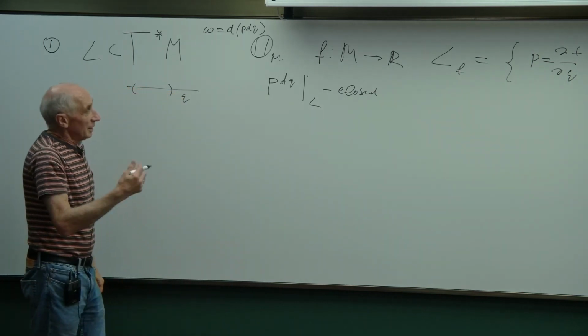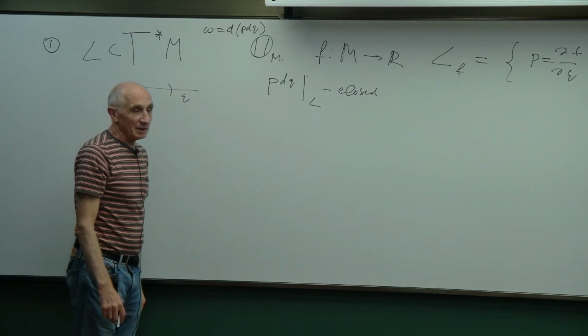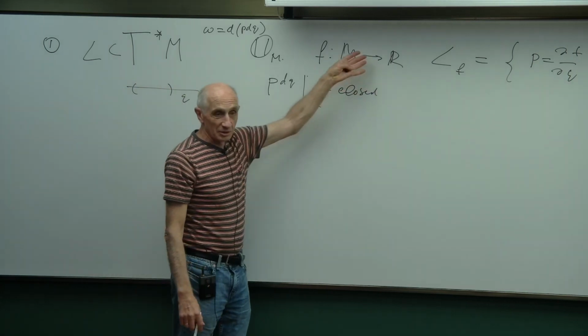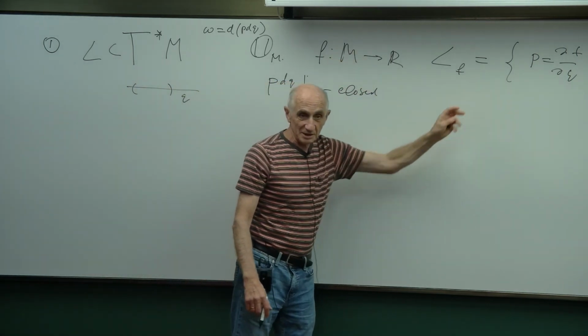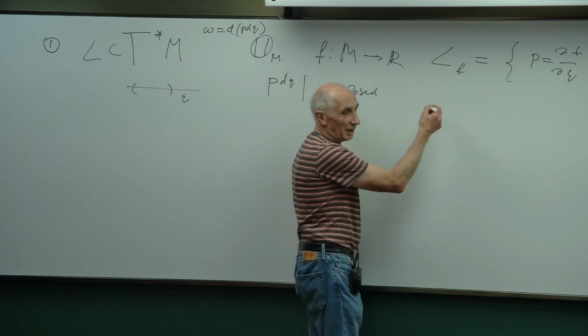So the question is, what are the exact Lagrangian submanifolds in cotangent bundles? You have this example, or you can take a Hamiltonian isotopy.